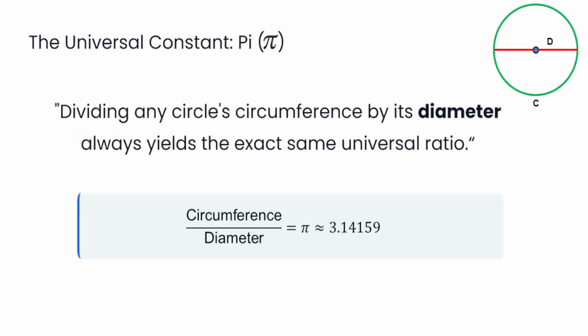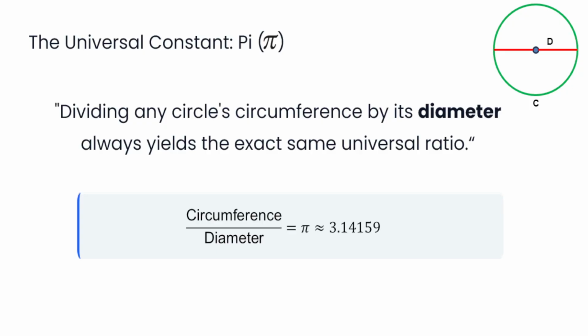For thousands of years, mathematicians noticed something incredible. If you take the circumference of any circle of any size, shown here in green and indicated as capital C, and divide it by its own diameter, shown in red and indicated as D, you always get exactly the same number. That universal constant is called pi, which is roughly 3,14.